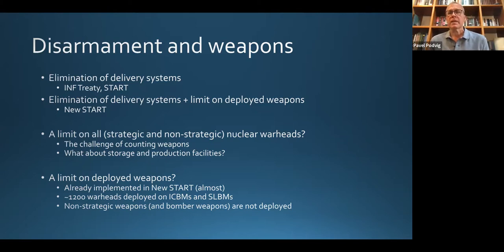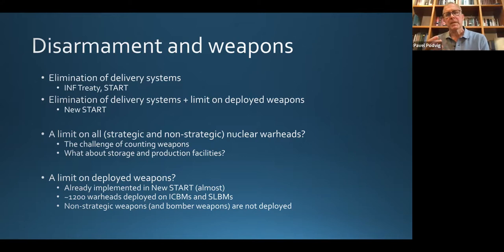One of the most popular ideas in DC, as I understand, is to have a ceiling of, I don't know, 3,500 warheads, and the parties would be free to decide how they partition it between strategic and non-strategic, which in my view is a very bad idea.